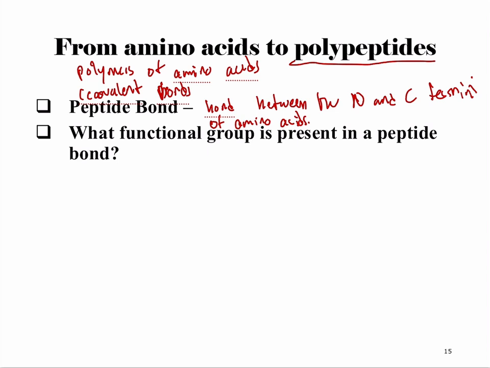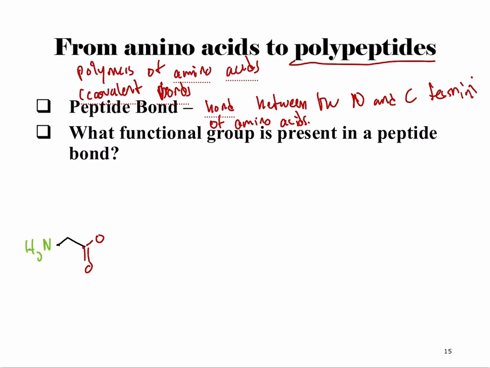And so basically what we have is, if we have two simple amino acids, let's just say we have two glycines, right? We have H3N, alpha carbon, C terminal, and this is what our glycine looks like, right?